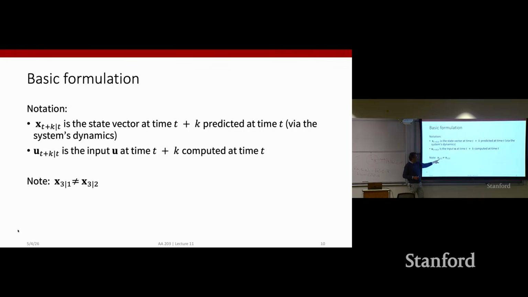Note that the state predicted at step 3 from the perspective of time 1 is not necessarily the same state 3 predicted from the perspective of time 2, simply because maybe turbulence might have perturbed our nominal trajectory.